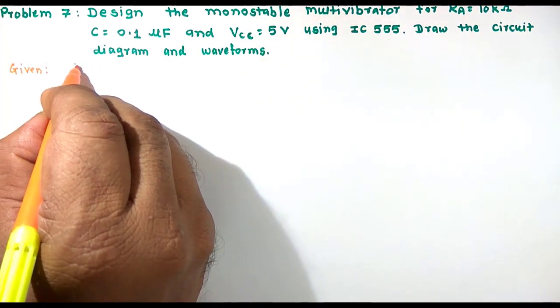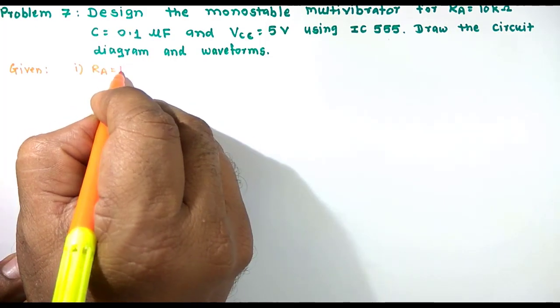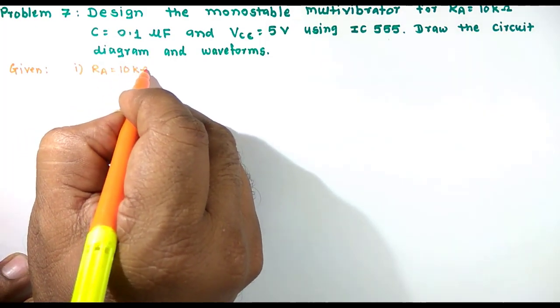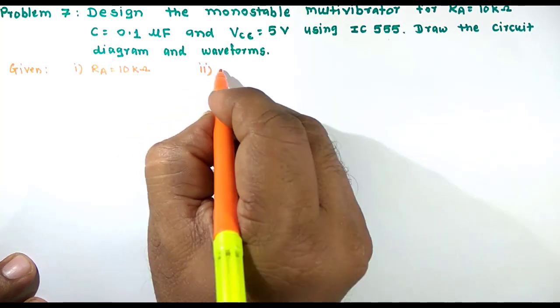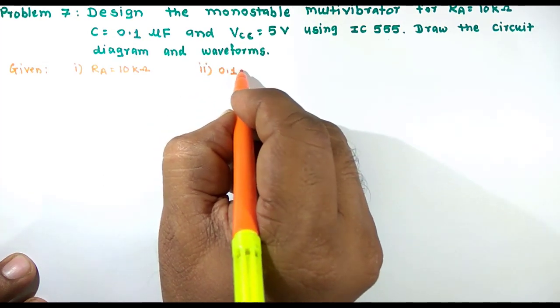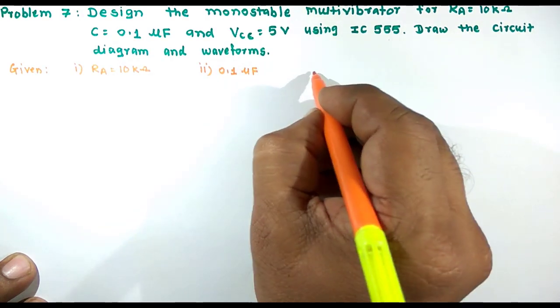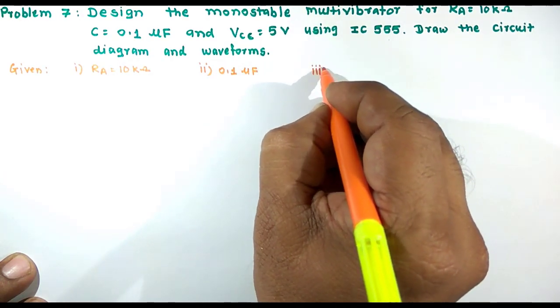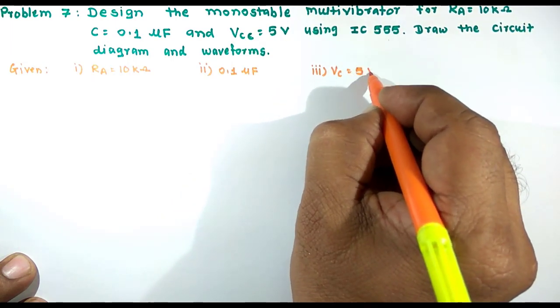So first we have given RA of 10 kilo ohm. Capacitance value is given and it is 0.1 microfarad. And VCC is equal to 5 volt.